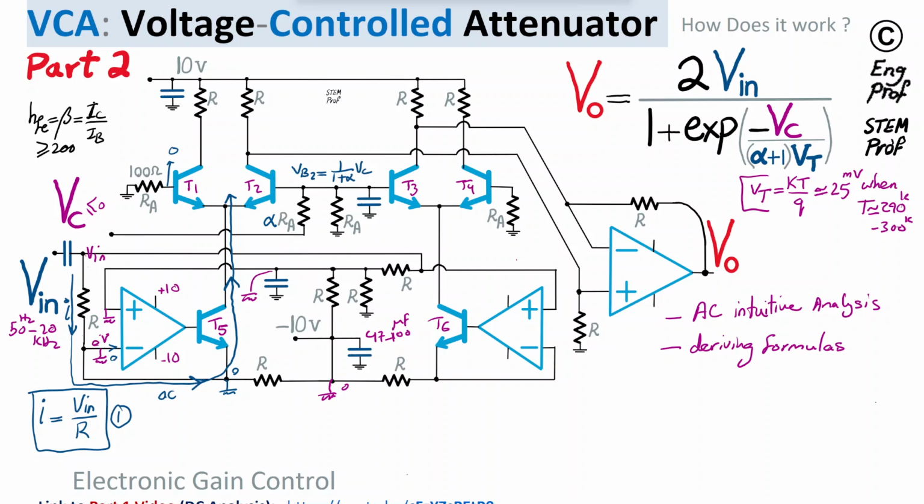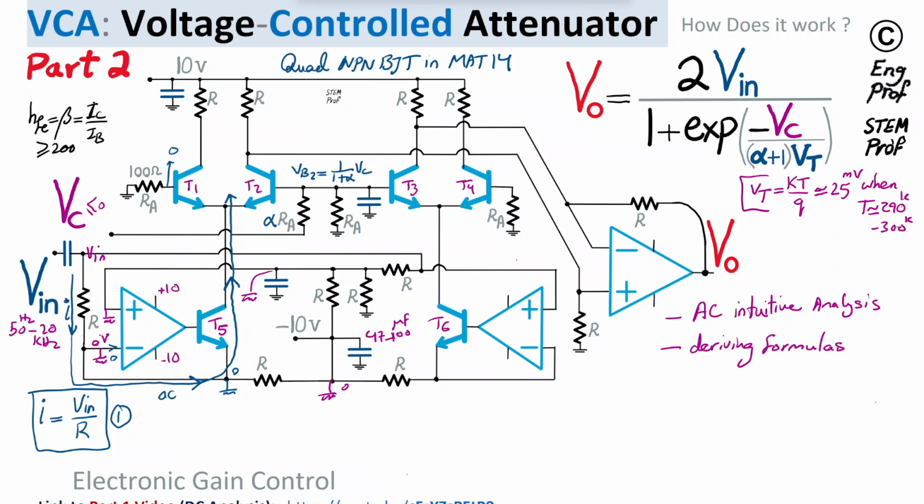And as mentioned in part 1, these 4 NPN BJT transistors have to be matched, and therefore they are required to be in the same package on the same substrate. For example, the quad NPN BJT transistors in the MAT 14, a solution that is available from Analog Devices.